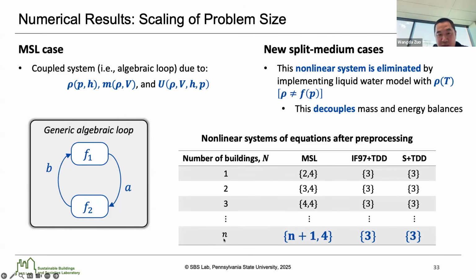And then if you scale to n, it's n plus 1 to 4. But in the new models, by decoupling them, you can see our number is always 3. The higher the number, the more complex and larger your system is, and the more difficult to solve. By decoupling them, we are able to keep my system independent of the number of buildings involved.